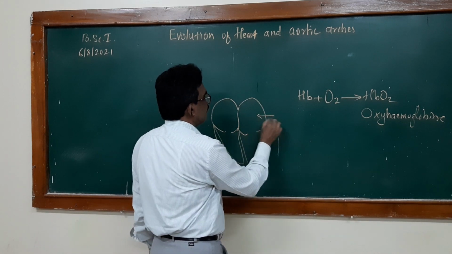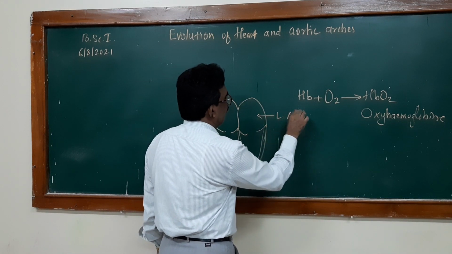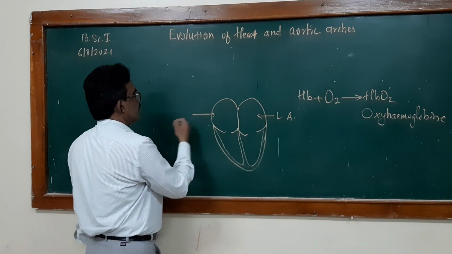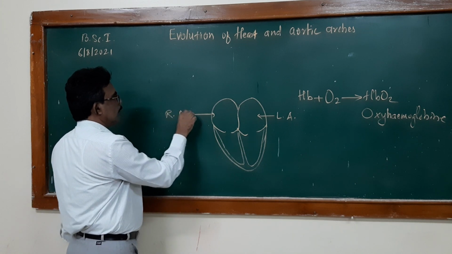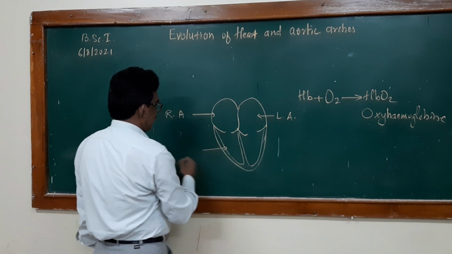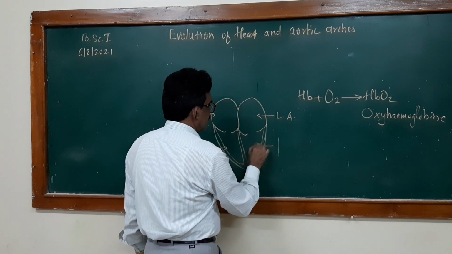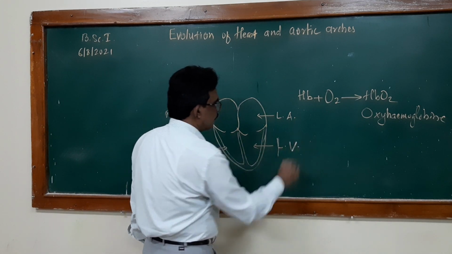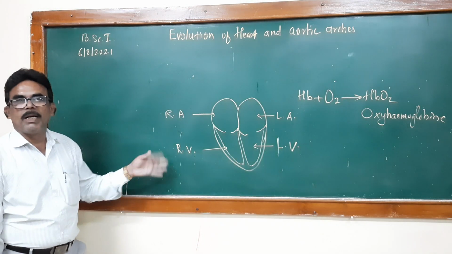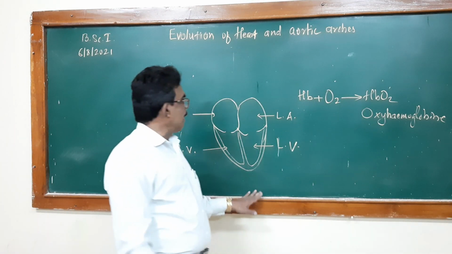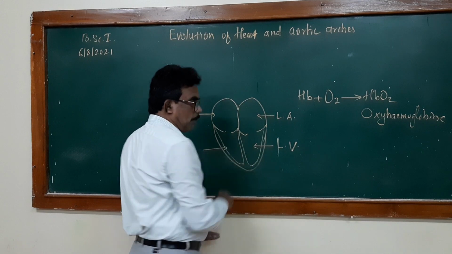This one is the left auricle, this one is the right auricle, this one is the right ventricle, and this one is the left ventricle. These are the four chambers of the heart found in human beings, for example.